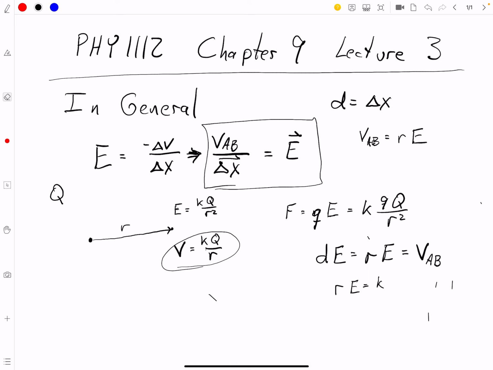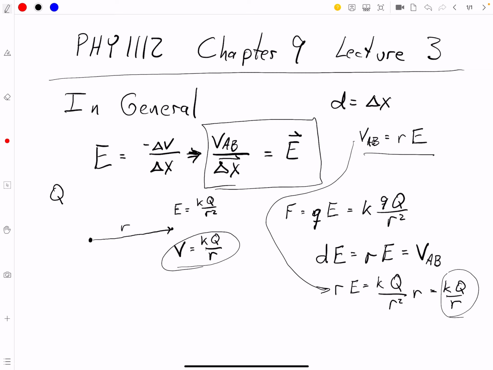K times big Q over R squared times R. Of course, then that is equal to K Q over R. So we set it here, we used that here, and got this as our VAB and plugged it in there.